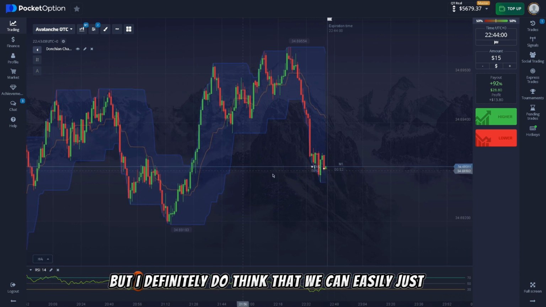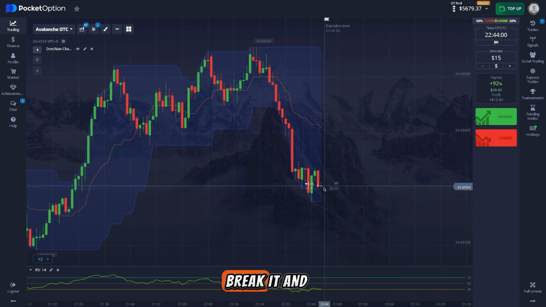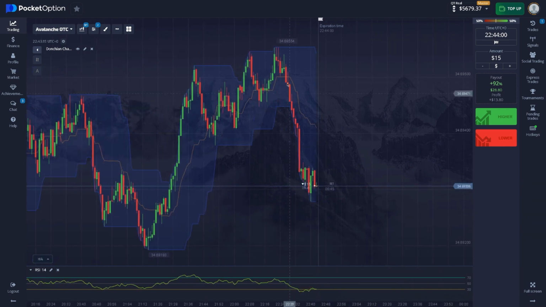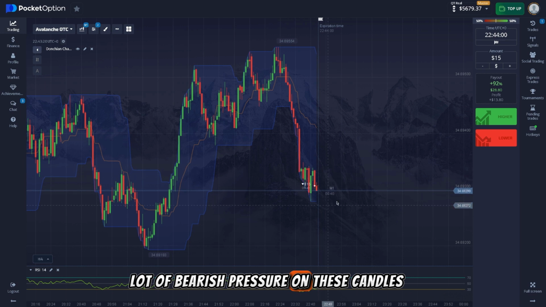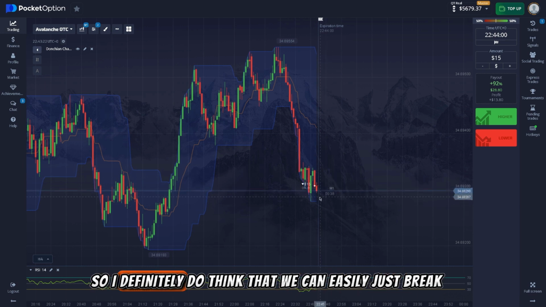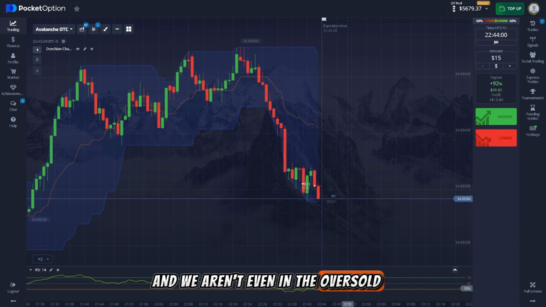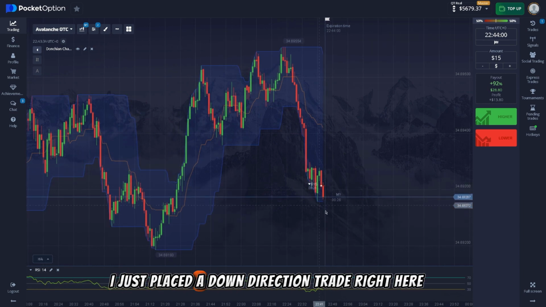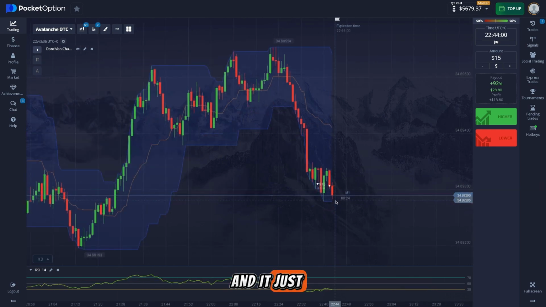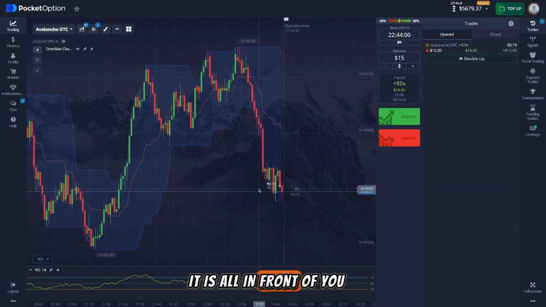But I definitely think that we can easily break this level, because there is a lot of bearish pressure on these candles, and we aren't even in the oversold position yet. So that's why I placed a down direction trade right here, and it's just that easy, guys. It is all in front of you.